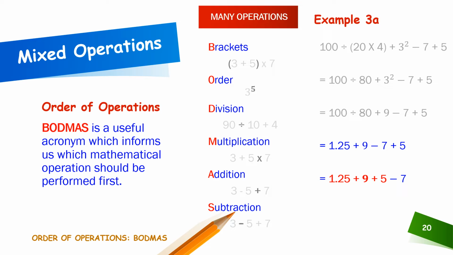Now 1.25 plus 9 plus 5 equals 15.25. So we replace this with 15.25. Finally, we are left with the operation of subtraction. We have 15.25 minus 7 left at the end. And this equals 8.25.